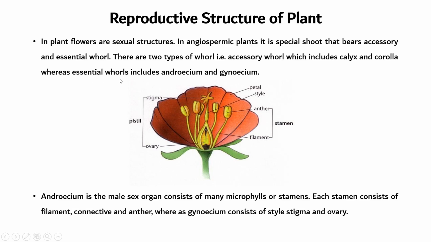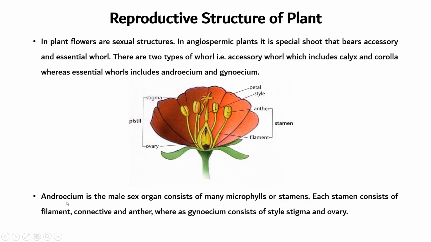Now the essential whorls or reproductive whorls include androecium and gynoecium. Now in this diagram, these are the stamens. Collectively, they are called androecium. And at the center, on the receptacle, there is a female reproductive structure. It is called gynoecium.